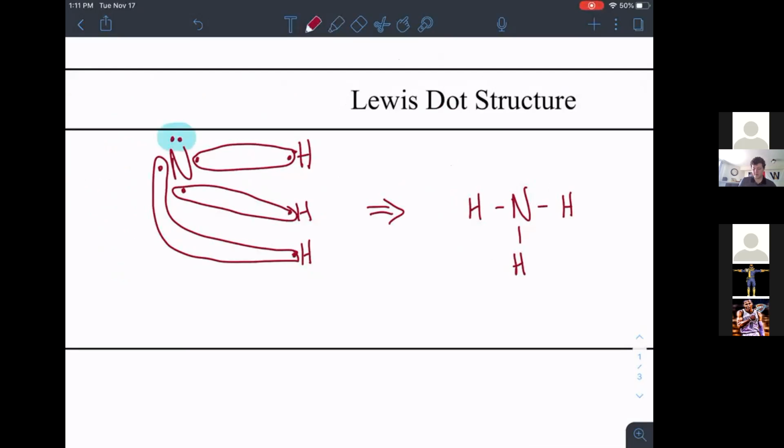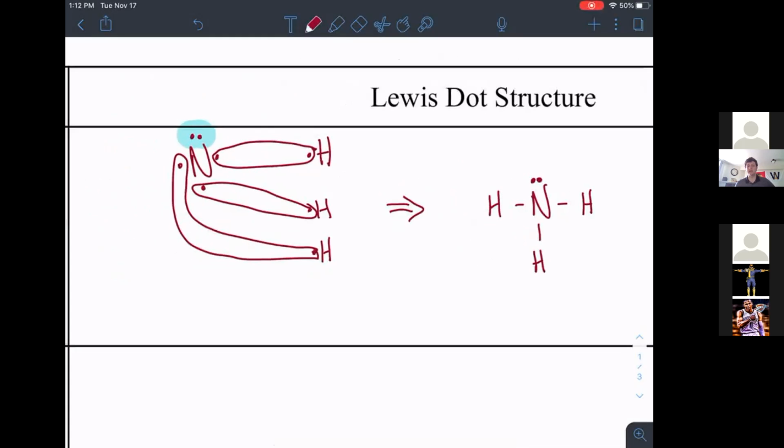Perfect. We got to bring that pair of electrons back over to make sure that nitrogen has its 8 that are being shared, and hydrogens each have 2 that they're being shared. Are there any questions on this Lewis dot structure for nitrogen and hydrogen?